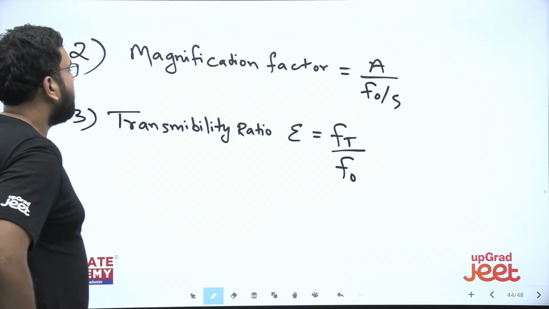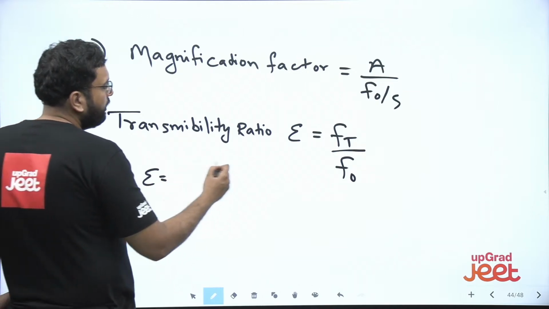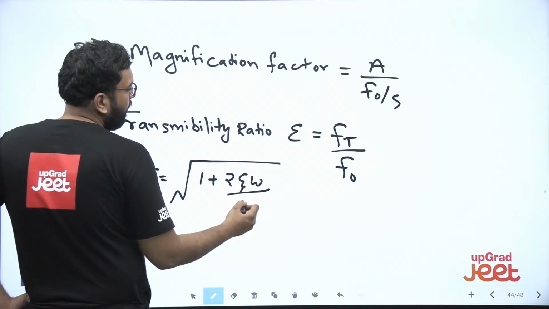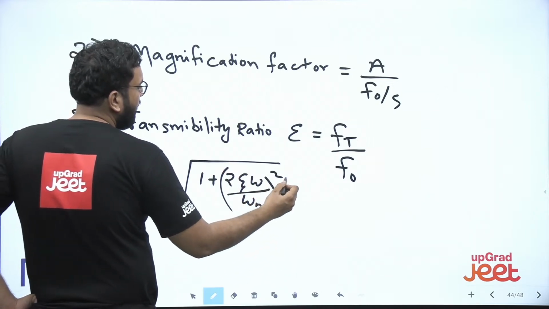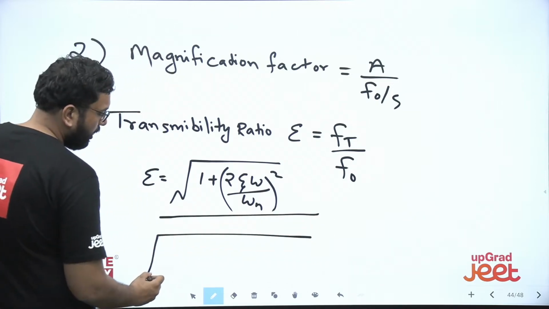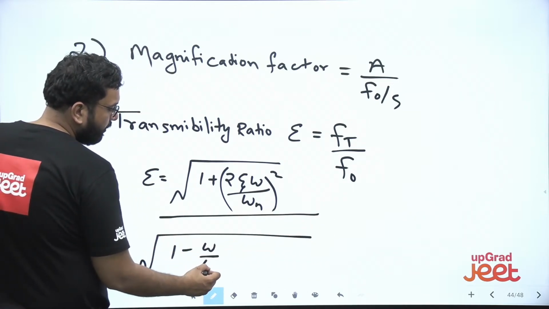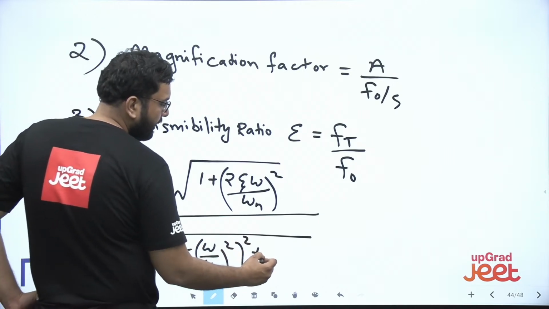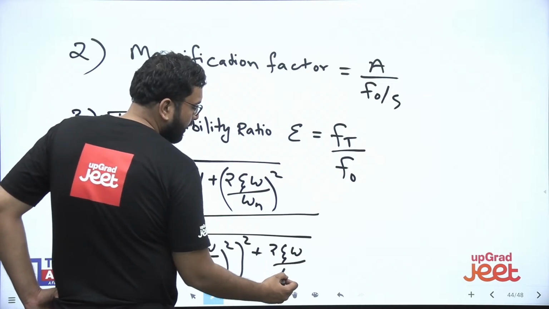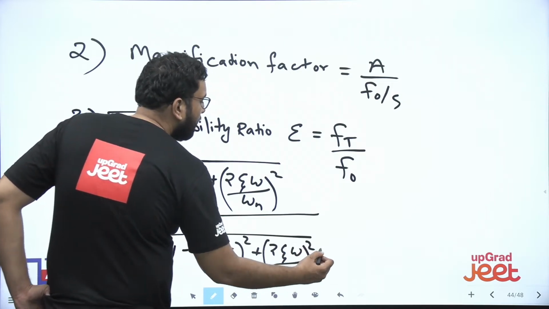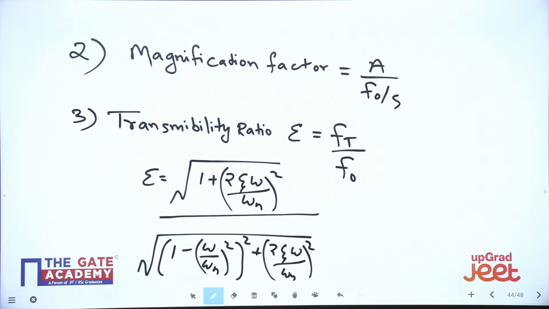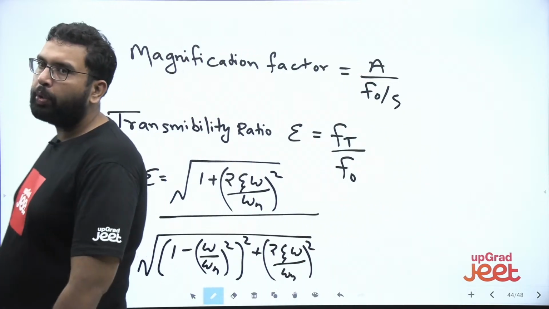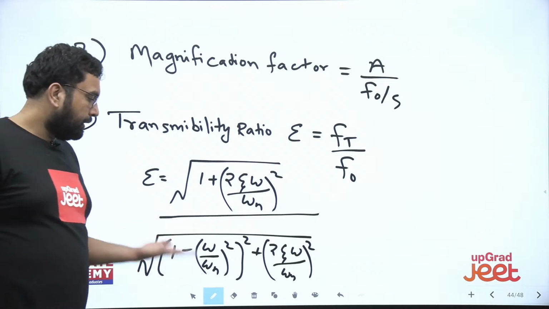So it is Ft by F naught. And what is this transmissibility ratio? It is root over 1 plus (2 zeta omega by omega n) whole squared, divided by root over (1 minus (omega by omega n) whole squared) plus (2 zeta omega by omega n) whole squared. If you are asked a question from these topics, you will have to apply these formulas and get the answer. Okay, so this is the thing in vibration.